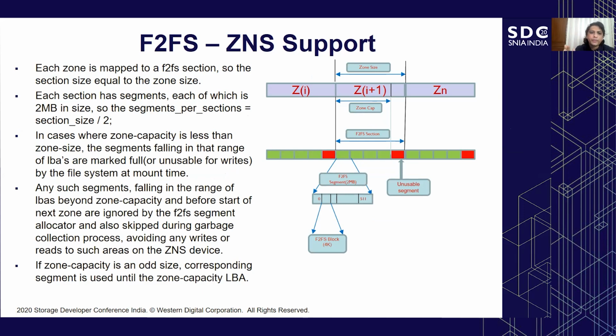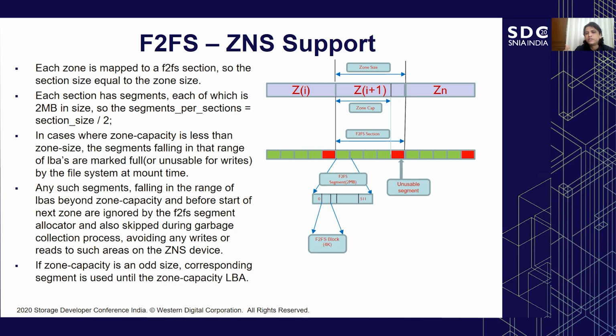So in those cases where the zone capacity is less than zone size, the segments falling in that range, that is the segments which fall after zone capacity, are marked full by the file system at mount time.